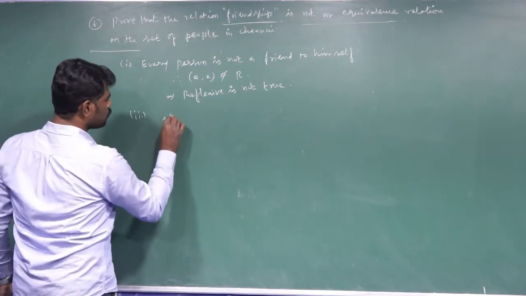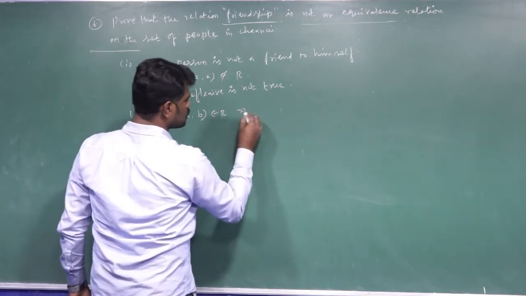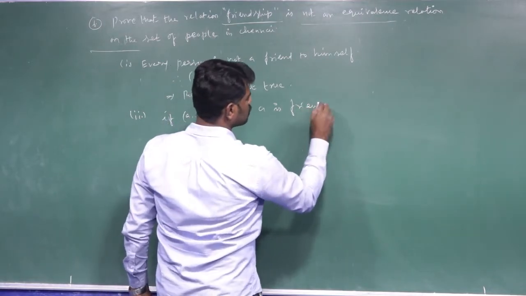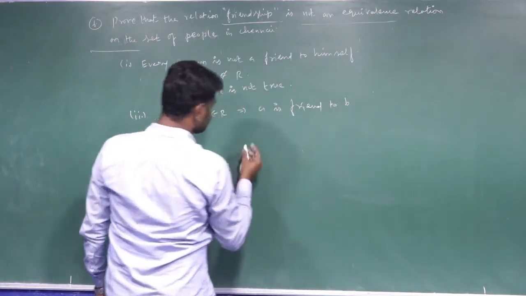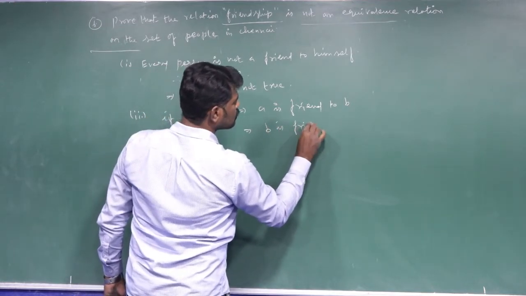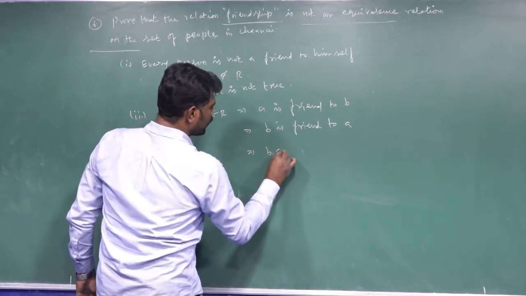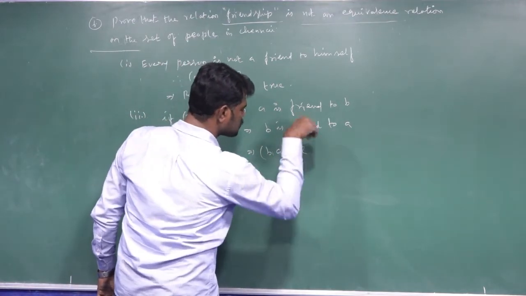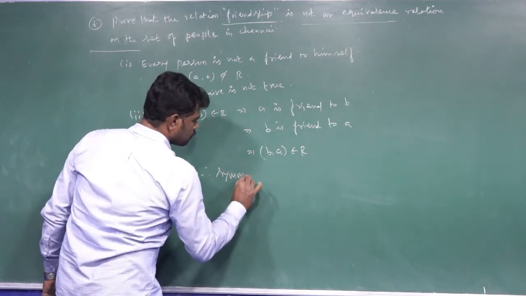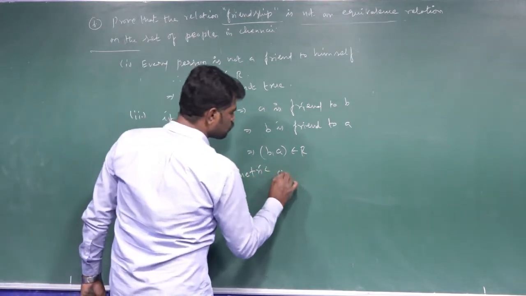If A comma B belongs to R, this implies A is friend to B. So this implies we can say B is friend to A. So the pair B comma A also exists in the relation R. Therefore it is symmetric.